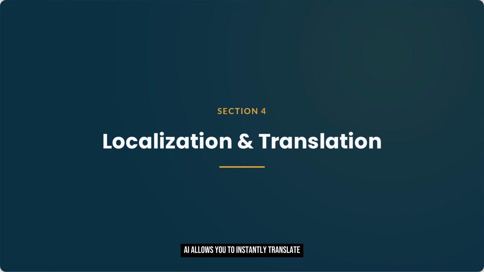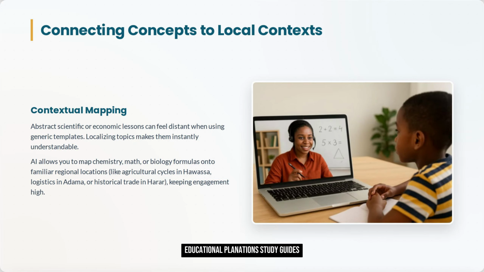AI allows you to instantly translate educational explanations, study guides, and student feedback forms between English and other regional languages while maintaining the core academic content. Furthermore, you can explicitly command the AI to swap out generic international examples for hyper-localized, culturally relatable scenarios.